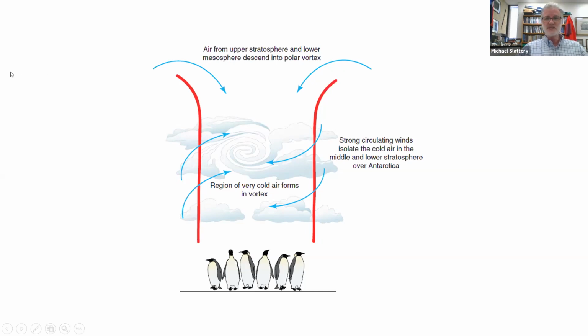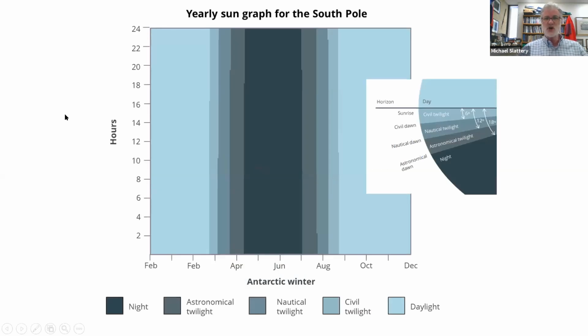So when you look at this next diagram, this is what this explains. It shows the yearly sun graph on the South Pole, right? And if this confuses you, don't panic. All I'm trying to show here is that here's March, and March the 23rd is right in here, as the sun begins to go down, and I've tried to draw this on the right-hand side, when the sun goes below the horizon, you get what is known as civil twilight, and then it goes a little bit lower, you get this nautical twilight, it gets a little darker, and eventually it becomes night, all right?